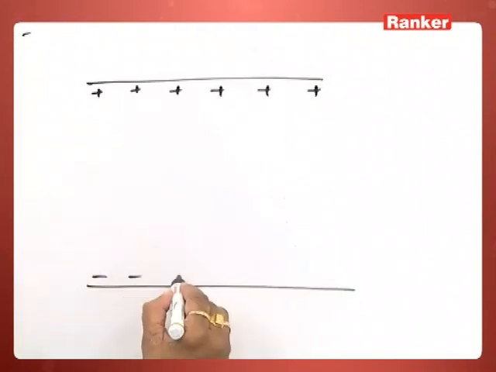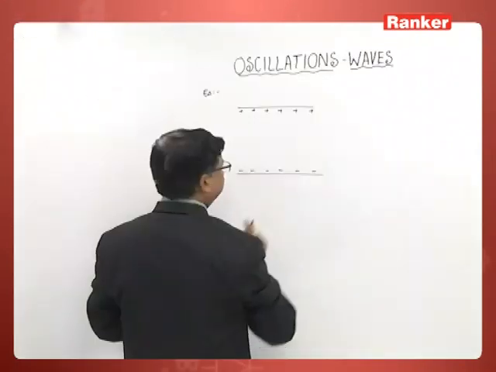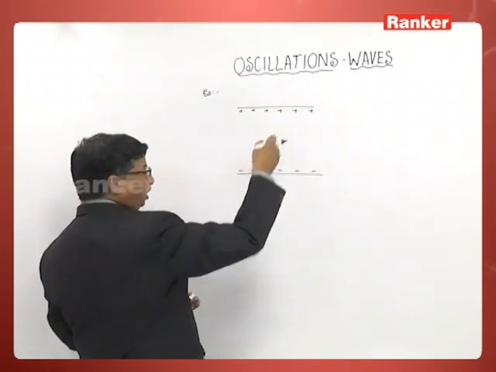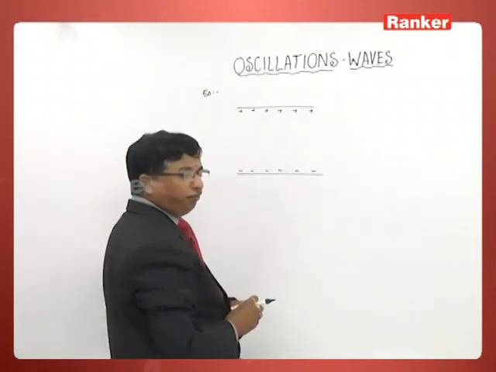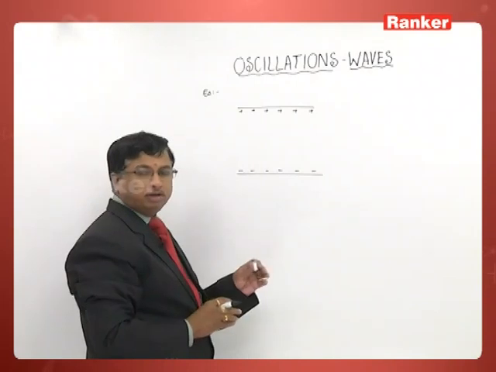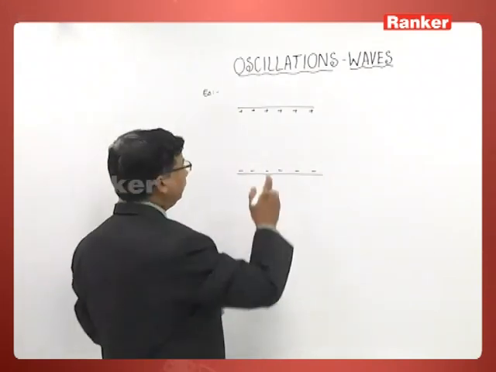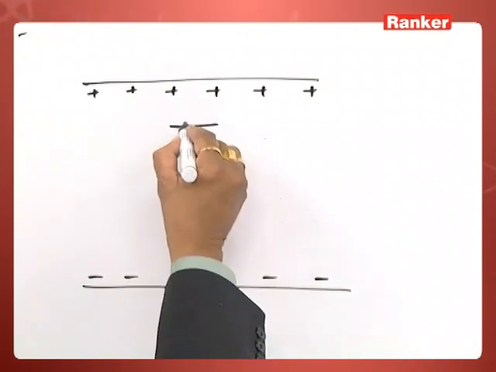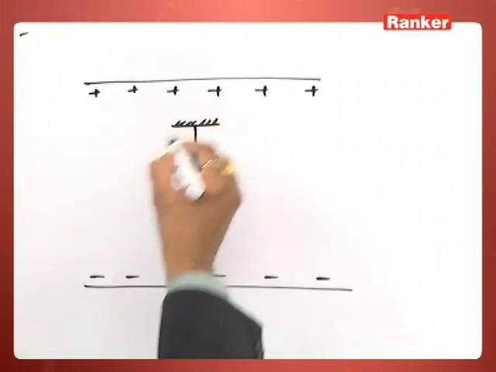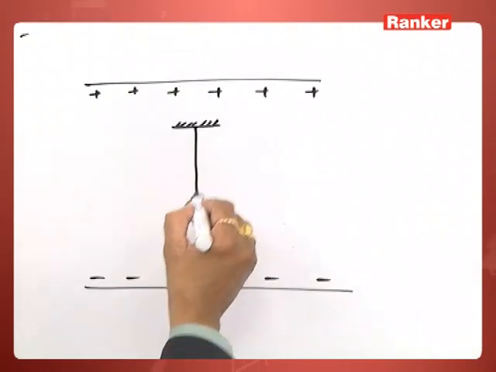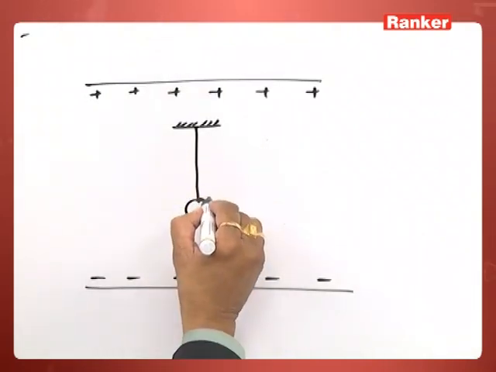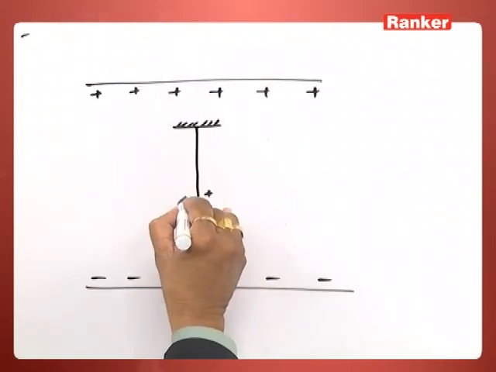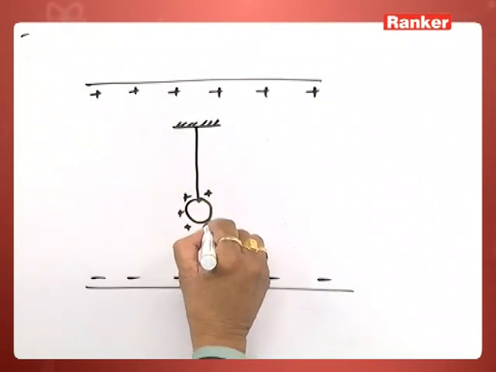This plate is having negative charge on it. So, simply speaking, I have applied a uniform electric field between these two parallel plates. A simple pendulum now is made to oscillate simple harmonically in between the plates, giving positive charge to the bob.